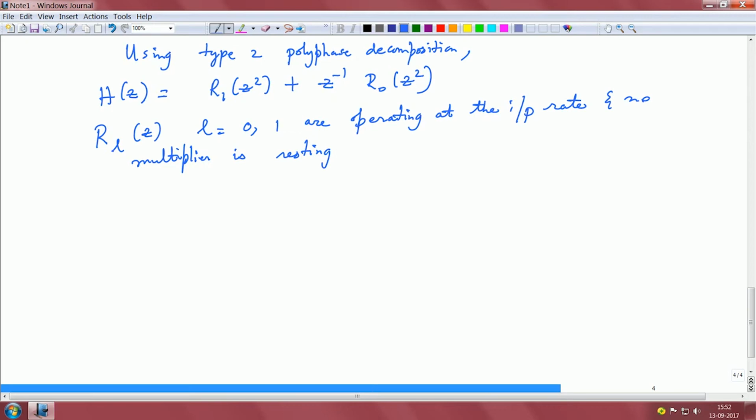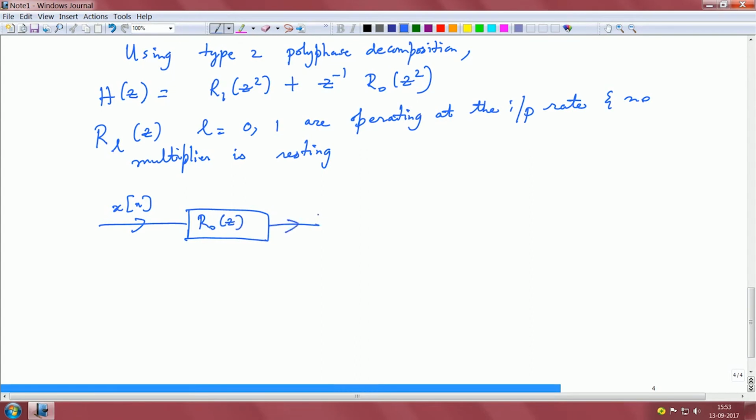I mean, there is no idle multiplier. So what we do is we have x of n, we feed this through this filter R0 of z.